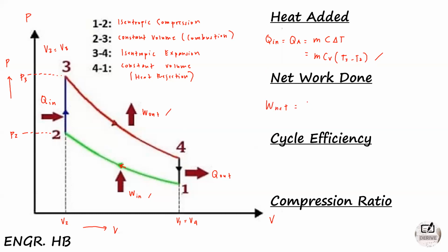So that was the work out minus work in, or it is also equivalent to the difference between these two heats. So that was the Q in minus Q out. Okay, so ano pa?